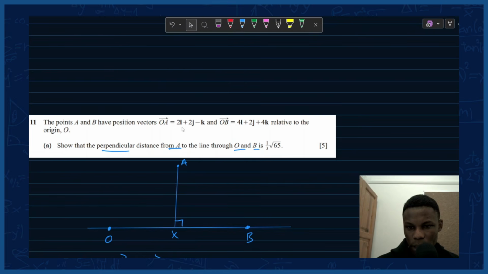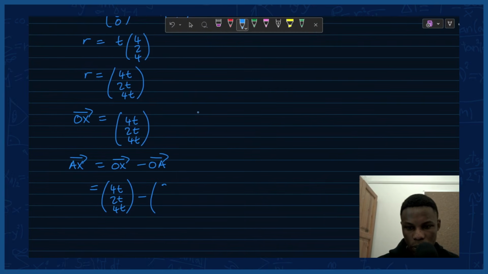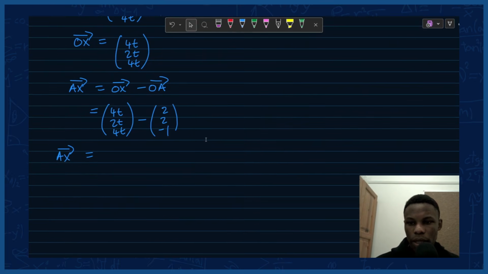We were given OA to be, I'll write it in column vector form, (2, 2, negative 1). Which gives us that AX is equal to, if we subtract, 4t minus 2, 2t minus 2, 4t minus minus 1, so plus 1.